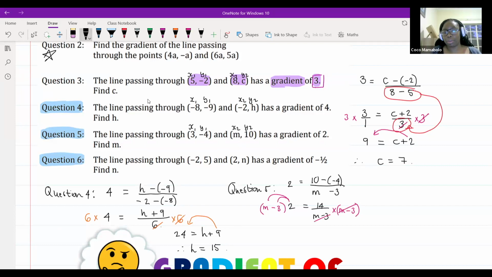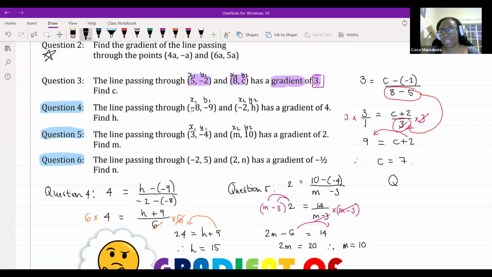I end up with 2m minus 6 is equal to 14. Then I move the negative 6 over and it becomes positive 6. So 2m is equal to 14 plus 6, which is 20. Therefore, m is equal to 10. Be very careful with that one, guys.